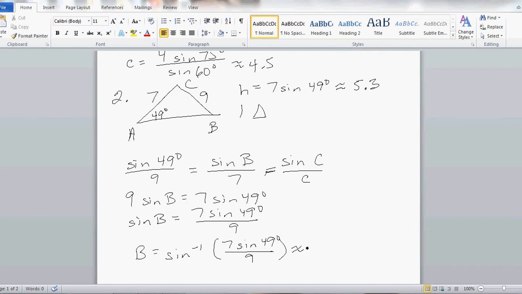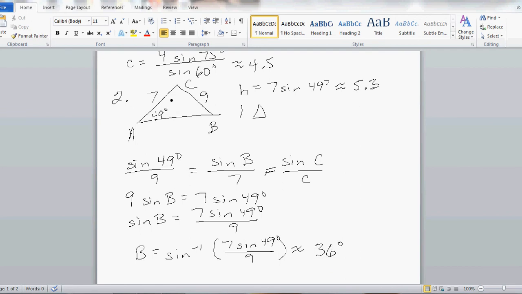And so the arc sine of 7 sine 49 divided by 9 is equal to, and since this is an angle, I'm going to round it to the nearest degree, unless we're told otherwise. That is 36 degrees. Now, we might be told otherwise if the problem gives it. You know, if A in this case were 49.2 degrees, then we'd take it to the nearest tenth of a degree.